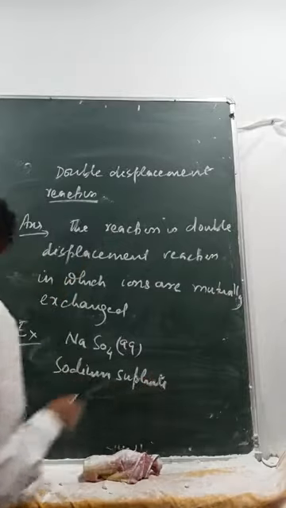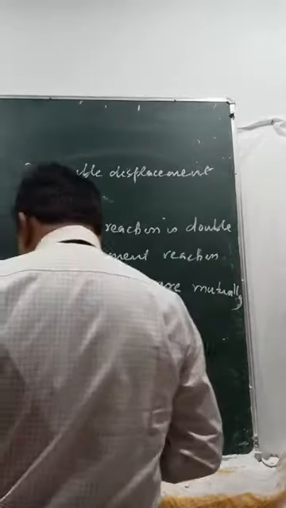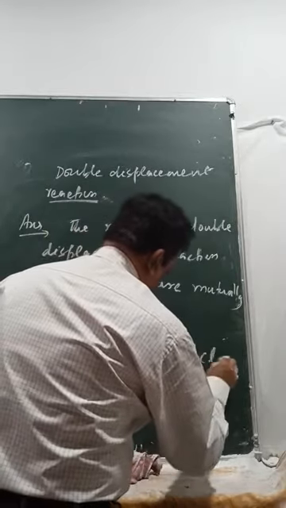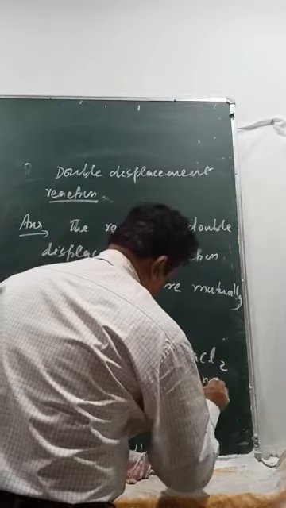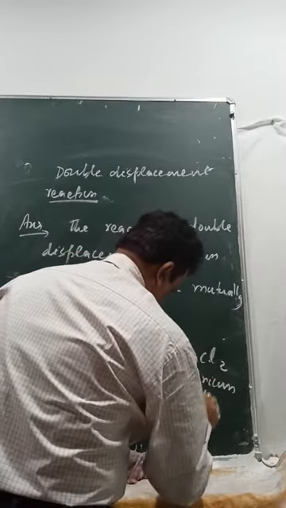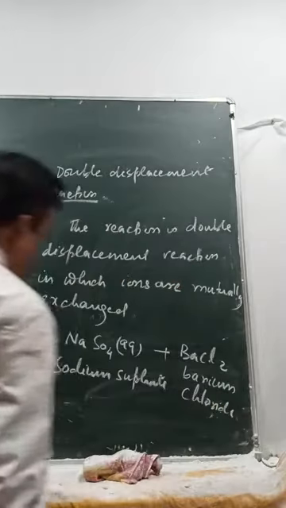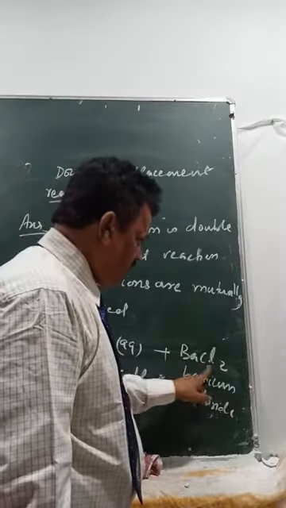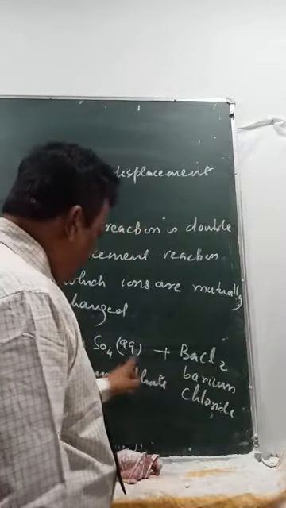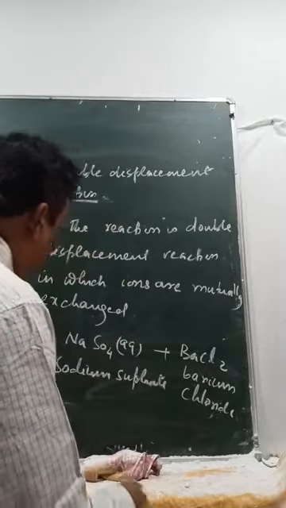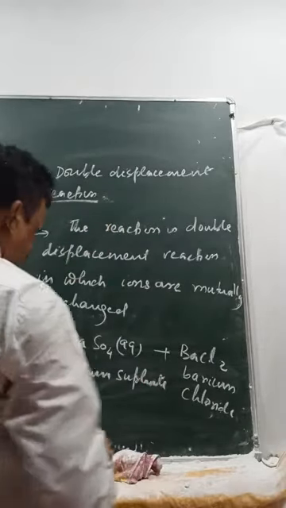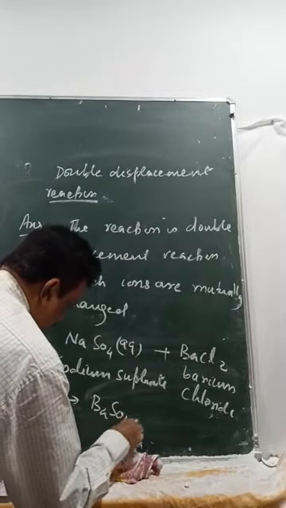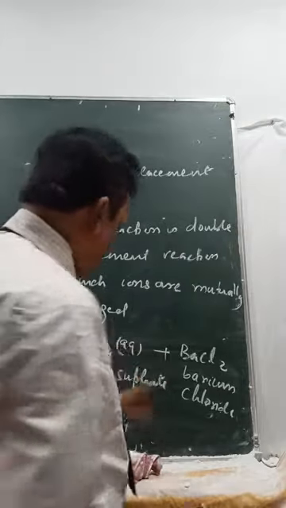Sodium sulfate reacts with barium chloride. Now listen, sulfate is an ion here, chloride is an ion here. So they will exchange with each other. So what will you get? The outcome is barium sulfate. Sodium will go with this chlorine, sodium chloride.